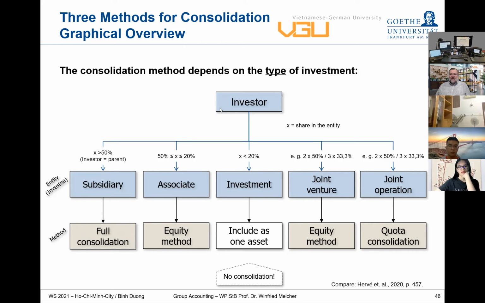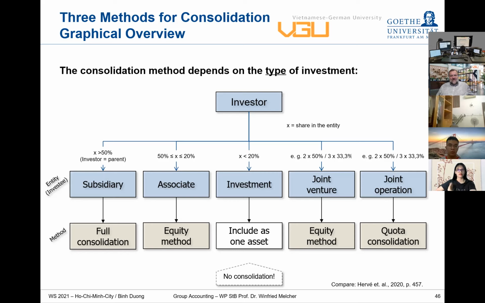If the investor holds 100% of the subsidiary, it's clear that all of the assets and all of the liabilities should go into the consolidated financial statements, so into the group accounts. But if you have 60%, well, it's not so clear why all the assets and all the liabilities will go into the group accounts. But that is what the full consolidation method requires. All the assets, all the liabilities go into the group accounts, although the investor is not holding 100%.